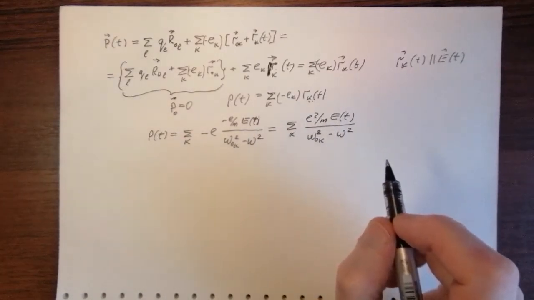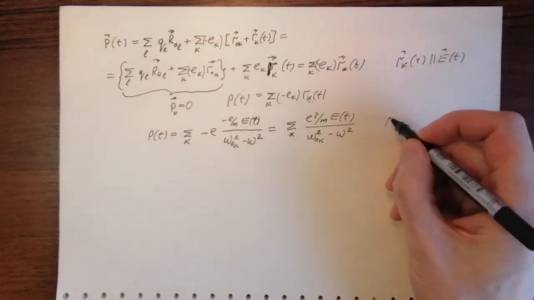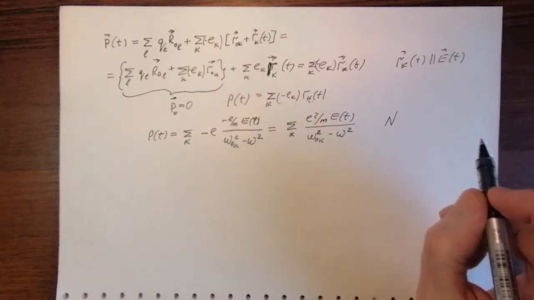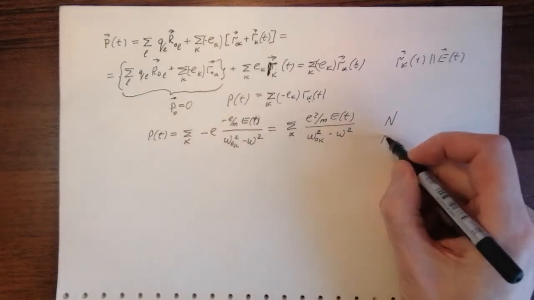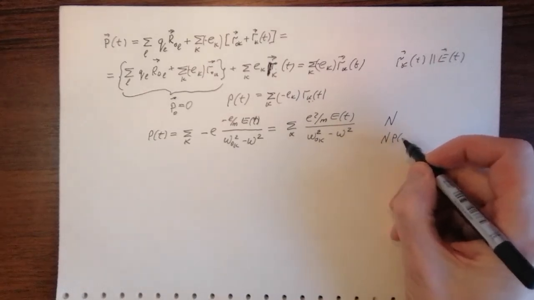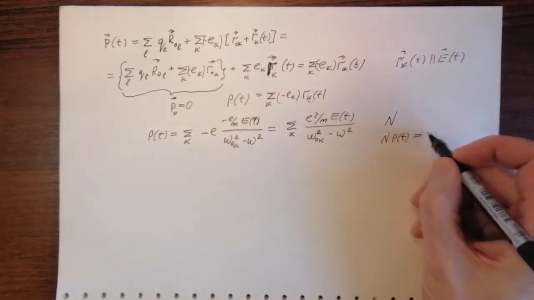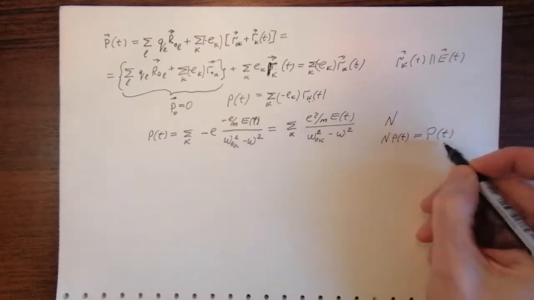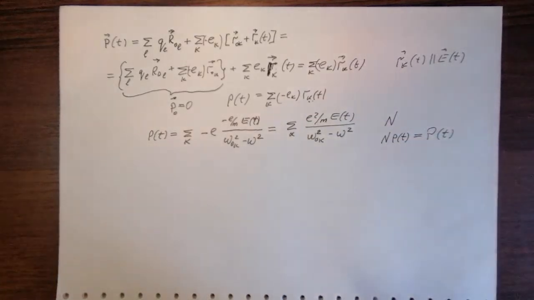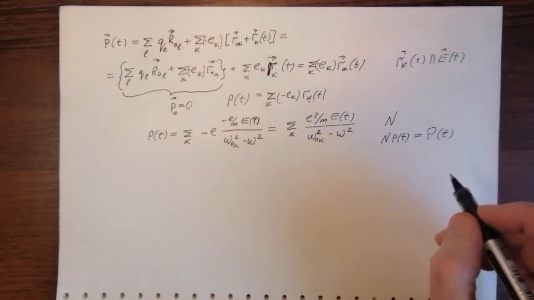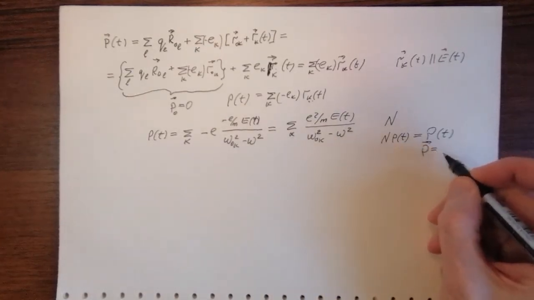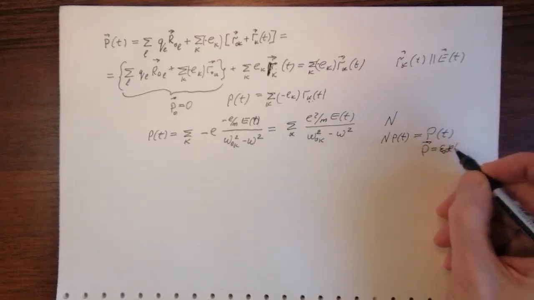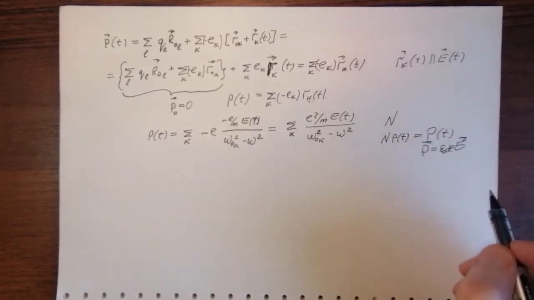Now let n be the number of molecules in the unit volume, then n p on T of t is P on T. Here is the polarization of the material, of the substance. On the other hand, we know that this polarization is epsilon 0 kappa E. This we know from electricity.